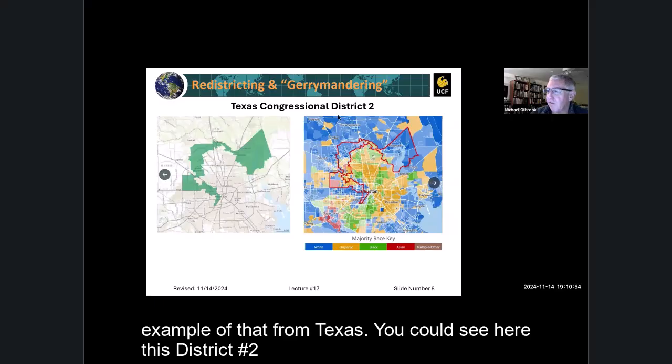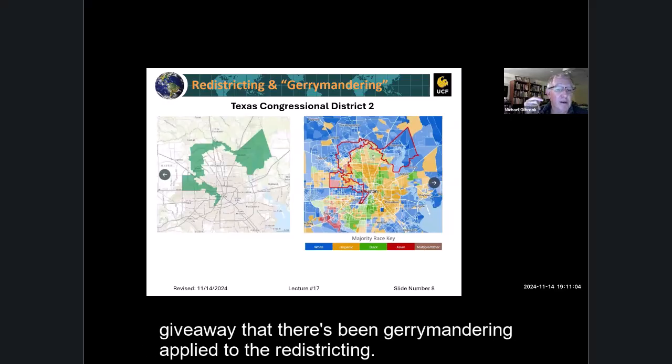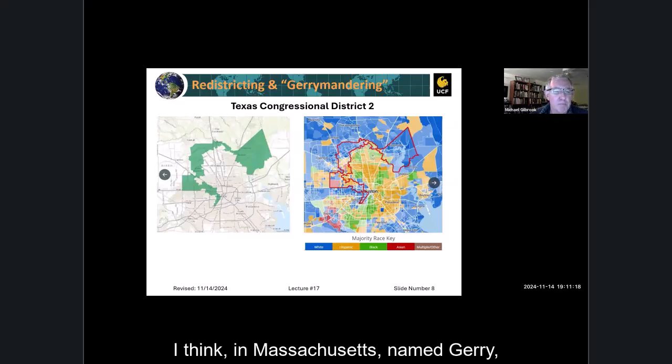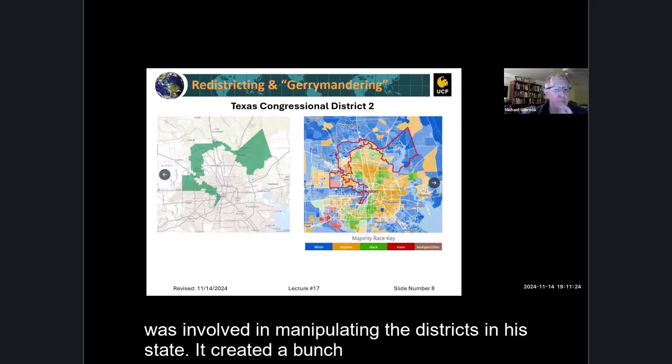You can see here this district number 2 has this extremely weird shape. An odd shape is usually a dead giveaway that there's been gerrymandering applied to the redistricting. In fact, the name gerrymander comes from when a politician, I think in Massachusetts, named Jerry, was involved in manipulating the districts in his state.